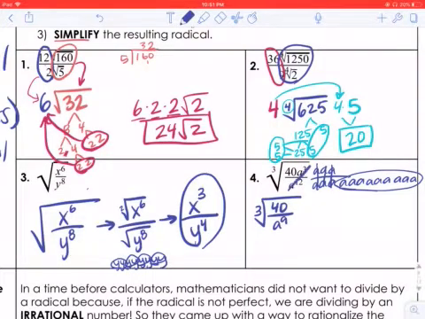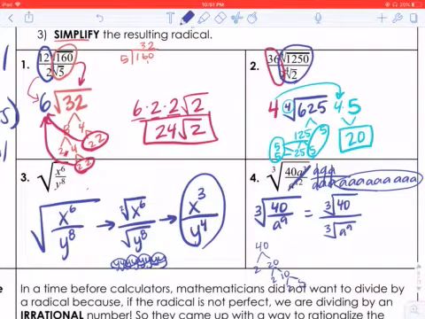That's because these two cancel here, or simplify into a to the 9th. From here, I can do the cube root of 40 over the cube root of a to the 9th power. 40 turns into 2 and 20, which is 2 and 10, which is 2 and 5.